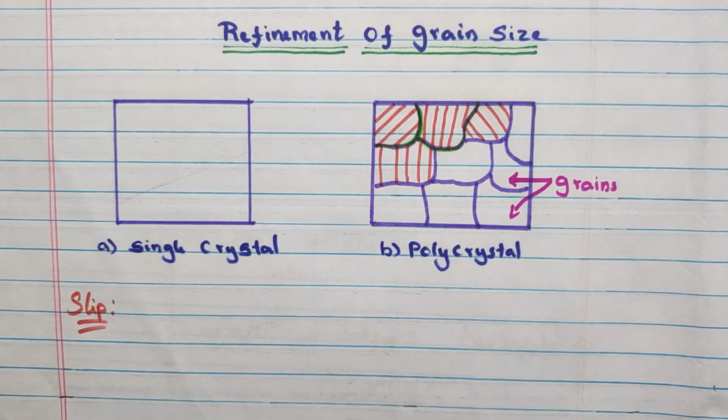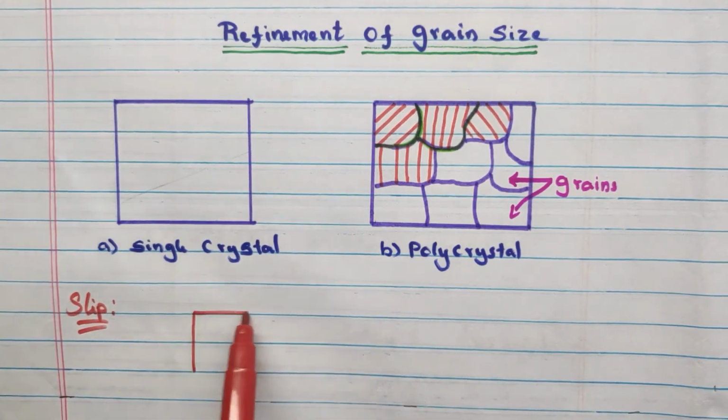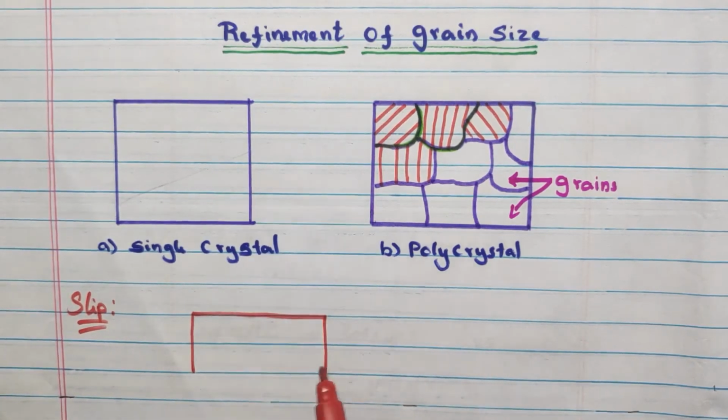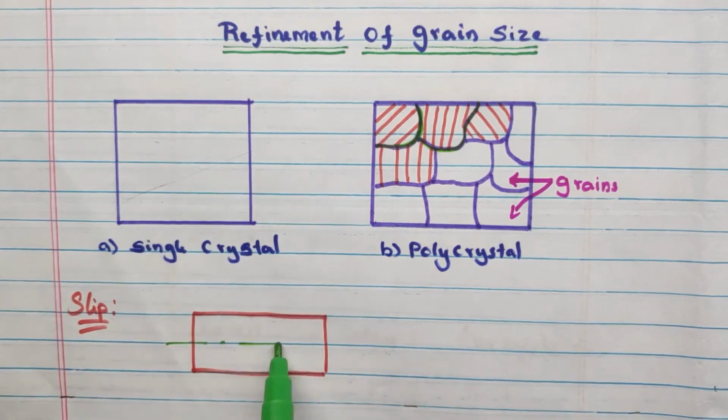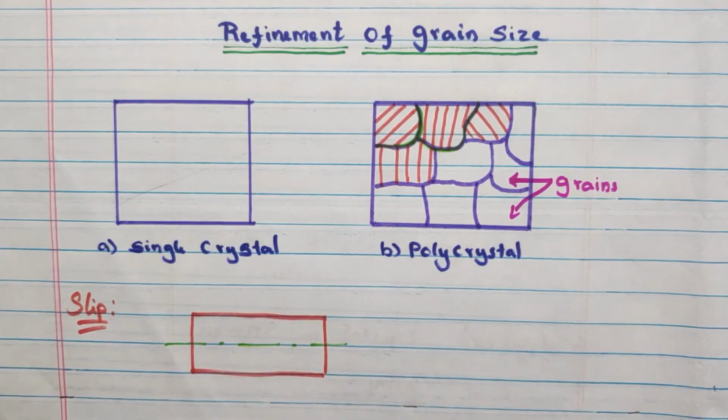We are well familiar with slip; in the last video we had a great session. I have taken this bar, in which the slip is going to happen. Slip always happens along the slip line. This is the initial position.